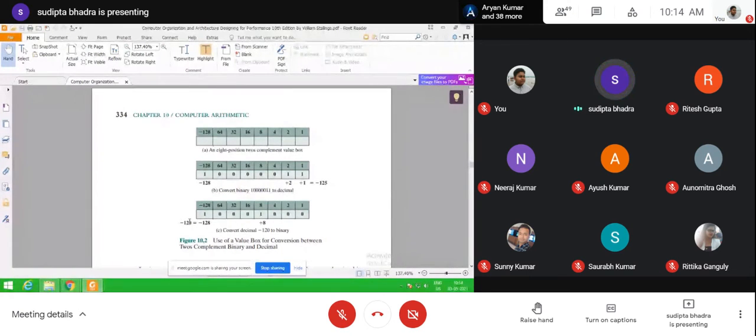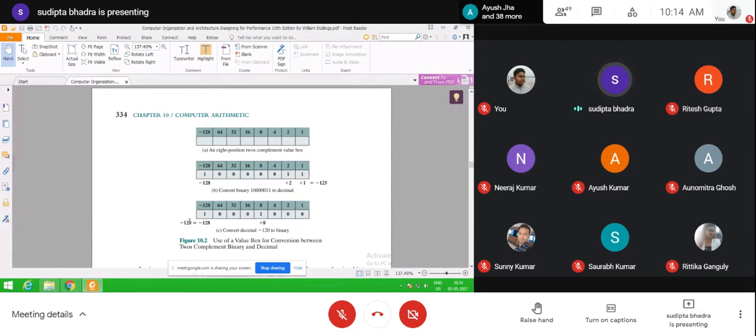So in case of two's complement, please remember this convention: negative number representation is not the same as sign magnitude.